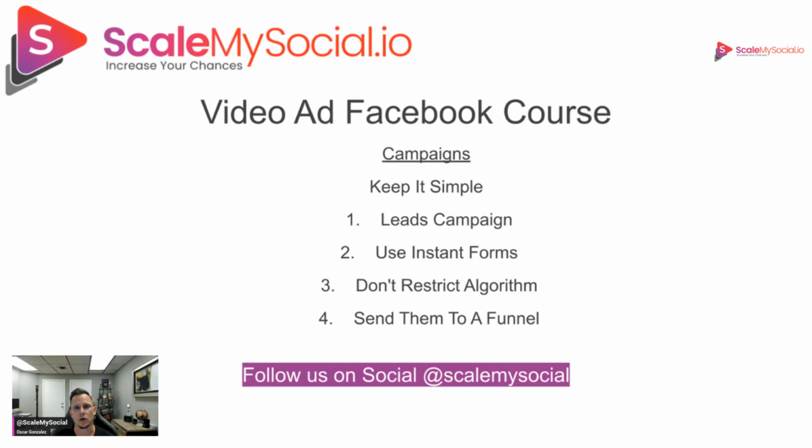Who is your avatar? Who are you really looking for? The more restrictions that you create within your audience, the more difficult it's going to be for the algorithms to find you those conversions. If it's more difficult, it just costs more money. So plain and simple, keep it simple.